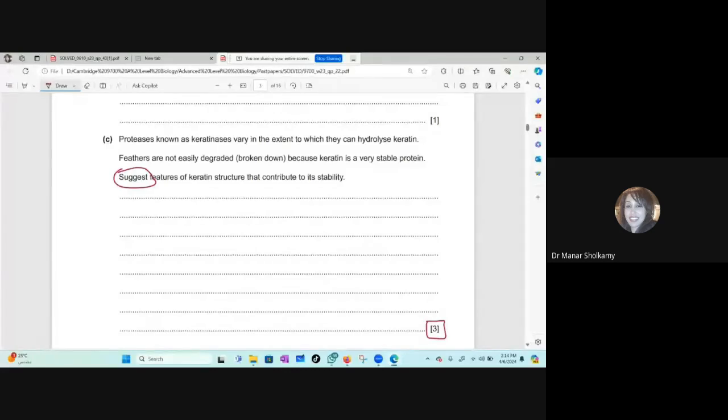They're telling you it's very stable, it's not easily broken down. Why? It is insoluble. Correct. Number 1, it has to be insoluble. No polar ions. If it is insoluble, no polar or no hydrophilic R groups, you mean? Yes. The R groups are hydrophobic, yes?